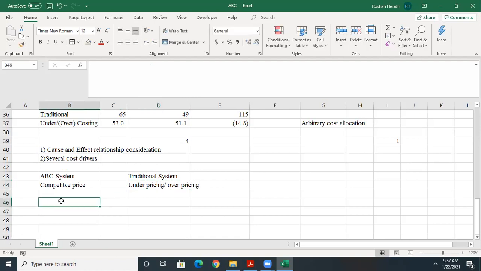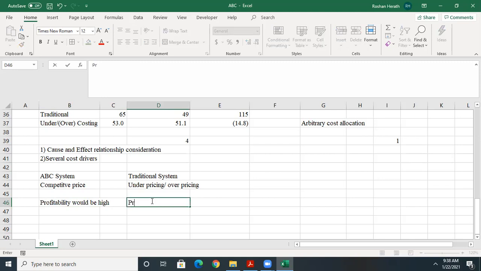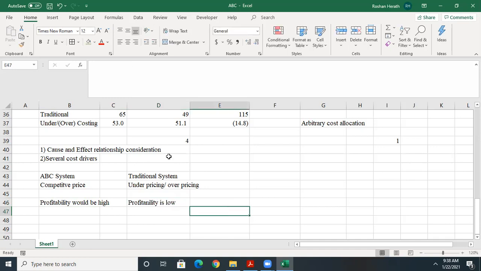And also profitability: if you offer a competitive price, your profitability would be high. But here, comparatively, the profitability is low. So you are going to lose your market share to the competitors.